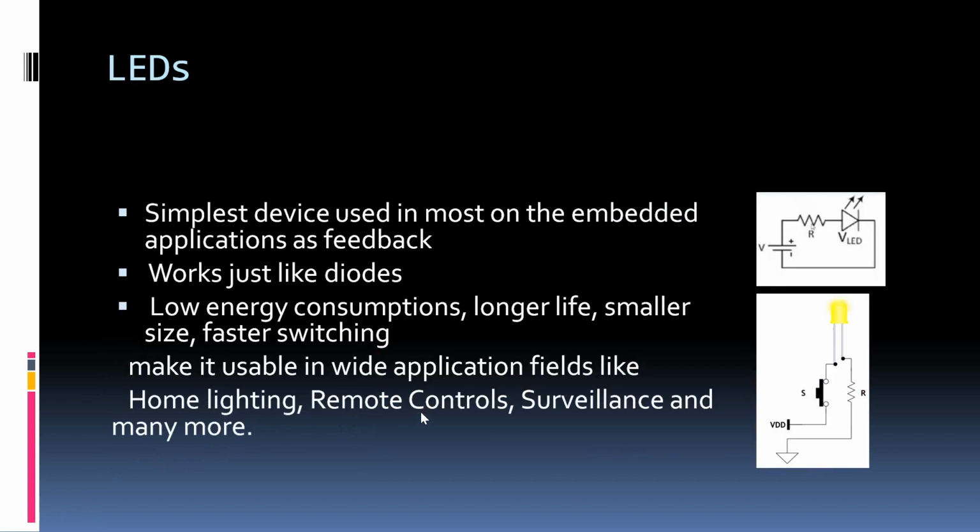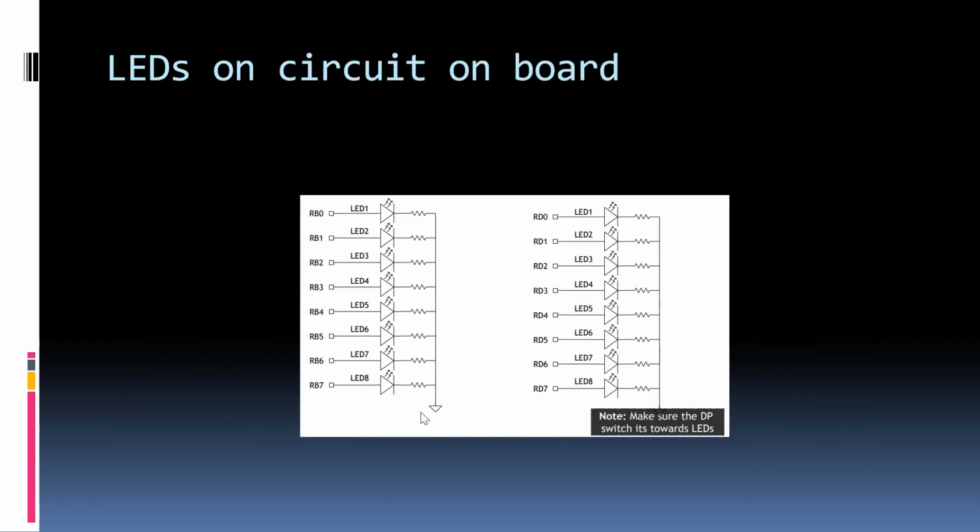First, we describe LED. An LED is the simplest device used in most embedded applications as feedback. It works just like a diode, with low energy consumption, longer life, small size, and faster switching. All these are the advantages of LEDs. This is how LEDs look in a circuit board.